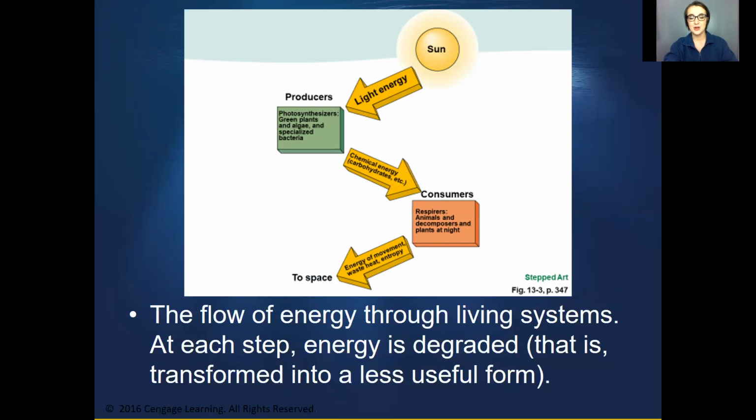That's how we all know it works. Now we have to remember that through these living systems, after each step, that energy is going to degrade. What I mean by that is the sun gives off a ton of energy, so your producers have a ton of energy. Then when they're consumed, it gets a little less. And then when the next one consumes it, it's a little less. So we'll look at this here in just a little bit.